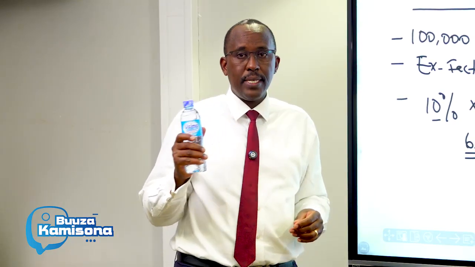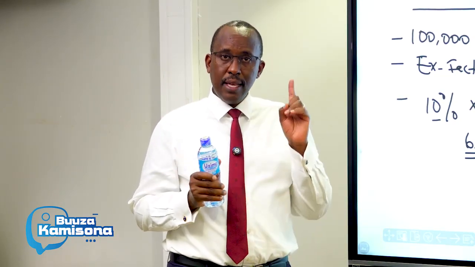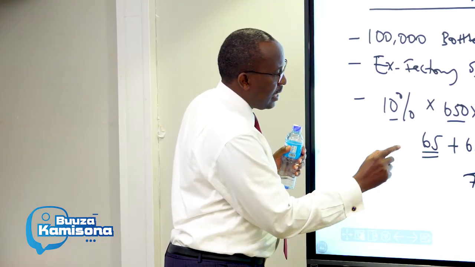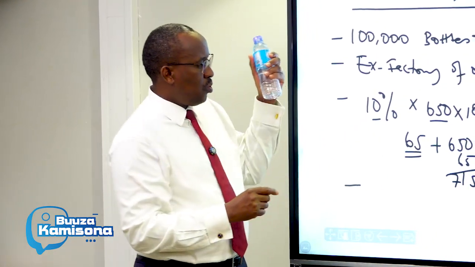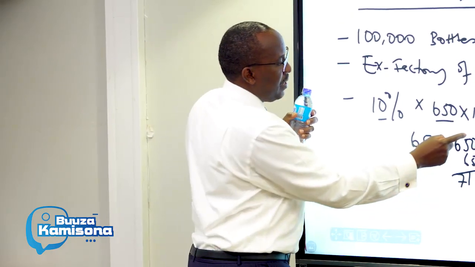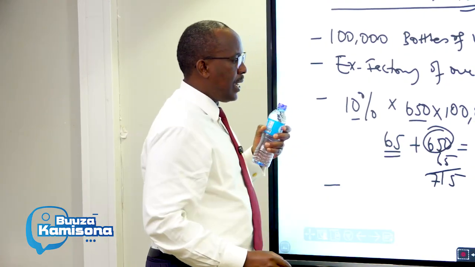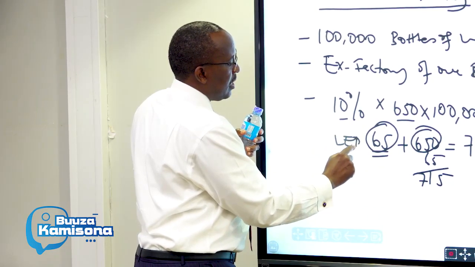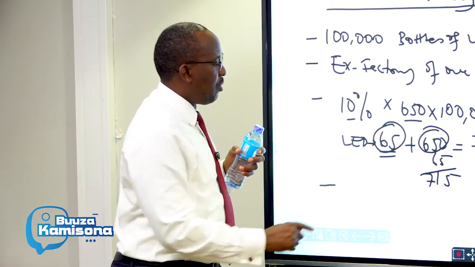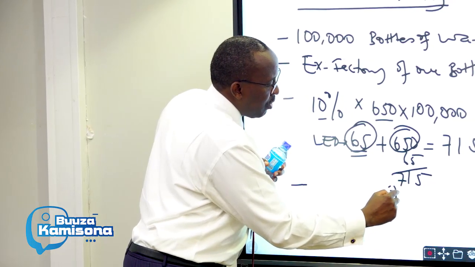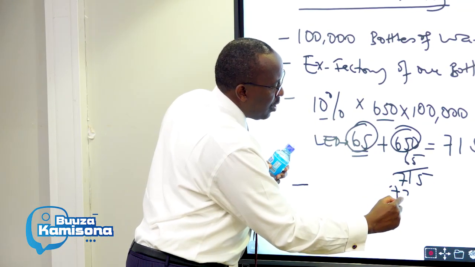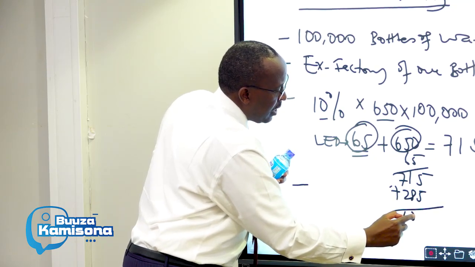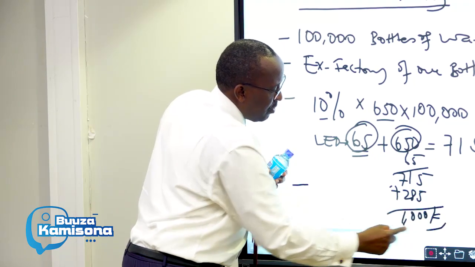If I go in a supermarket and I buy this bottle of water at 1,000 shillings, what this means is that the person who bought this water incurred the 650, which was the ex-factory price, added on the 65, which is the local excise duty on this bottle, and of course added on their other costs, which is about 285. And that is how you get to pay 1,000 shillings for this bottle of water.